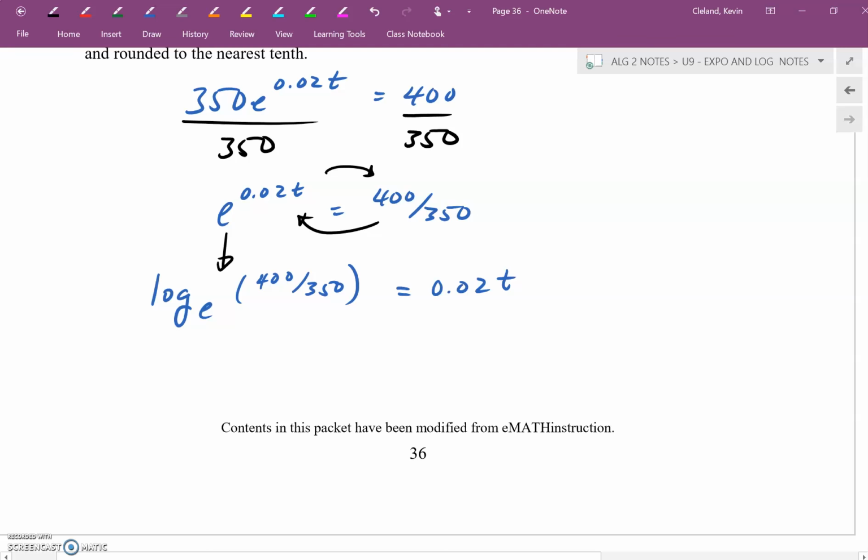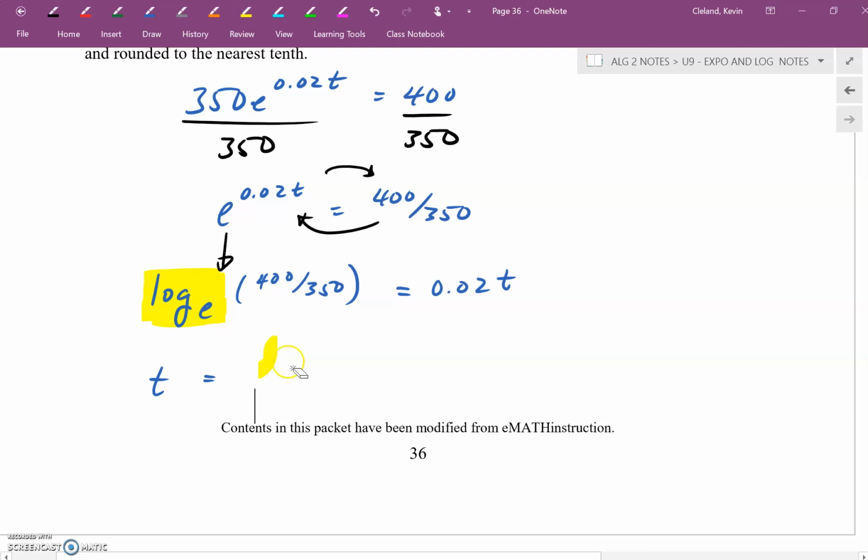Now, you could get a decimal value for this here, right? And then divide it by 0.02 to get t. I'd just much rather be efficient, come up with a formula, and while I'm at it, I'm going to substitute in for log base e, just the prefix or the abbreviation natural log.